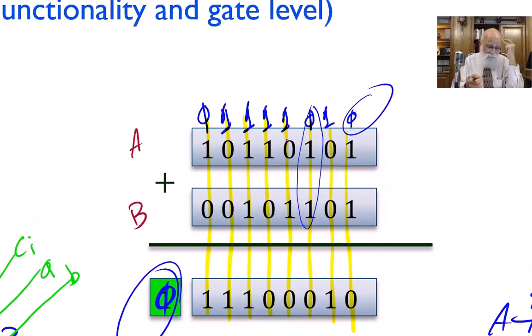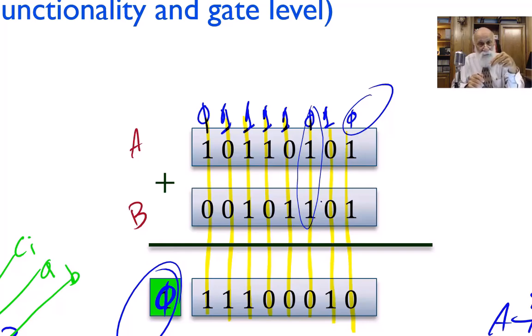When I do each slice, I am adding a carry in, a bit of A, and a bit of B. I'm only adding 3 things together. That's all there is to it, 3 bits together. And then I have 2 outputs.